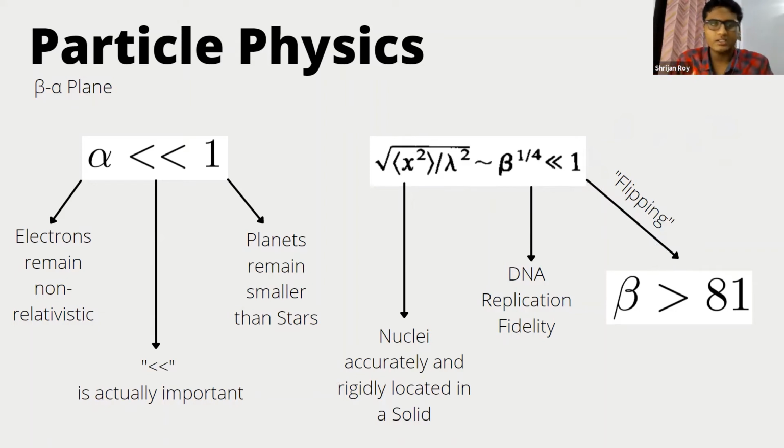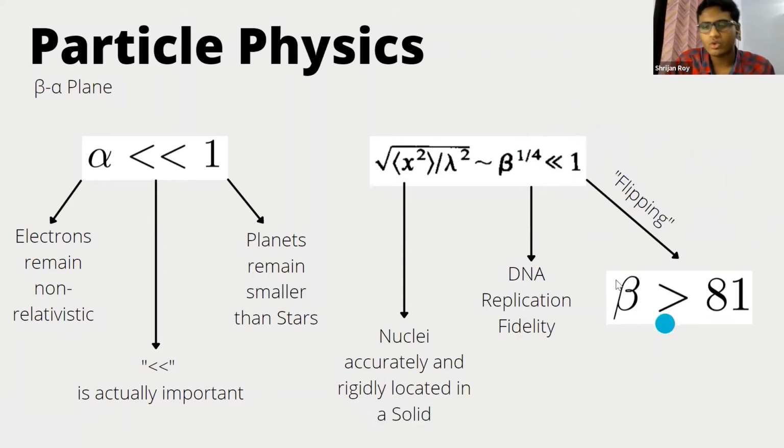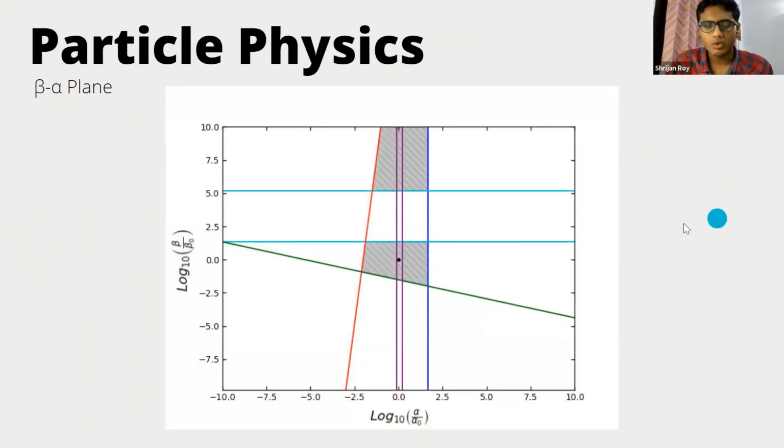Obviously, in that case, beta will be flipped. Like if beta is me by mp, it will be mp by me. So basically, we had beta less than 1, and it shall transform to beta greater than 1. And we chose 1 less than 1 as 1/3. So beta greater than 81 we get.